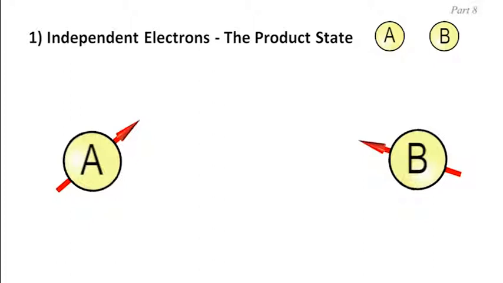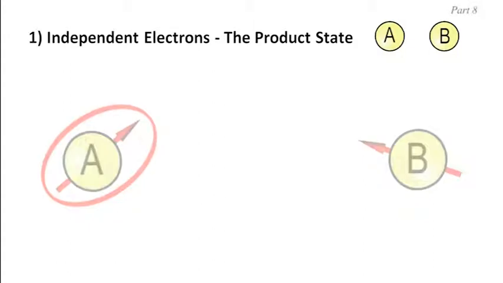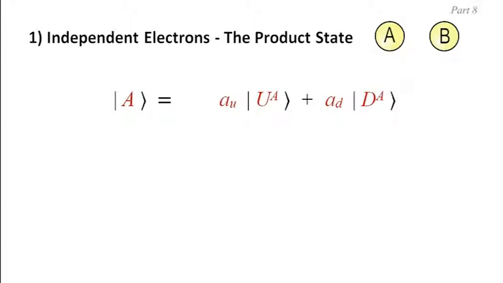We could write the general state for the electron A, assuming it's normalized, like this. As an individual electron, electron A is a mixture of the up and down basis states of its two-dimensional Hilbert space. The coefficients AU and AD can be complex and will determine the direction of the electron in real space.